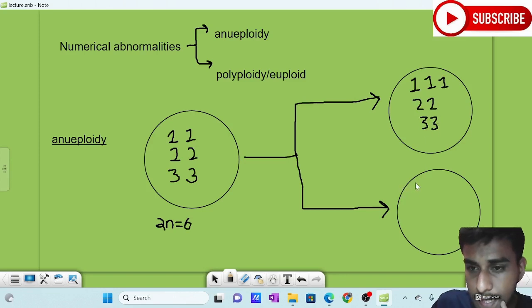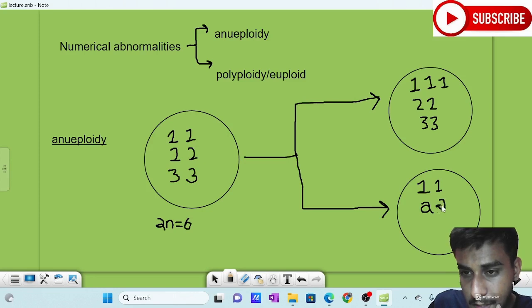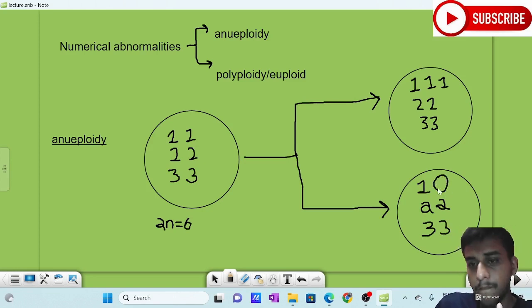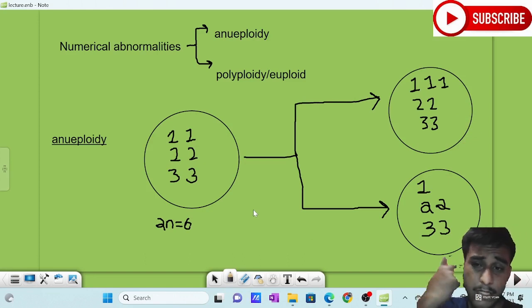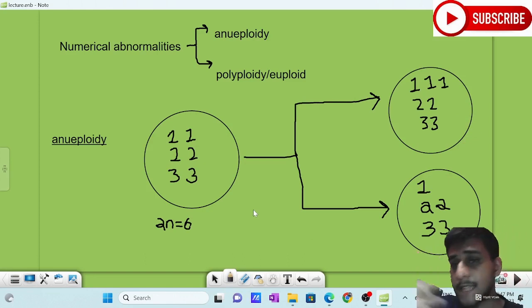And in the other cell, we just found this. Just consider after a mitosis, 2 cells were formed, which we know is diploid in condition.